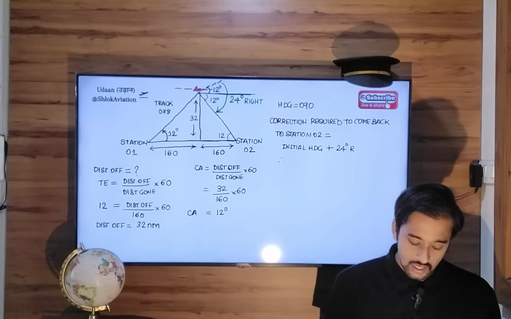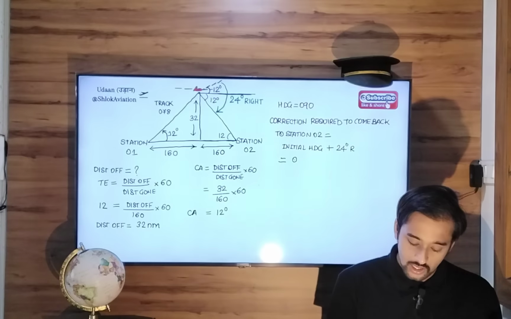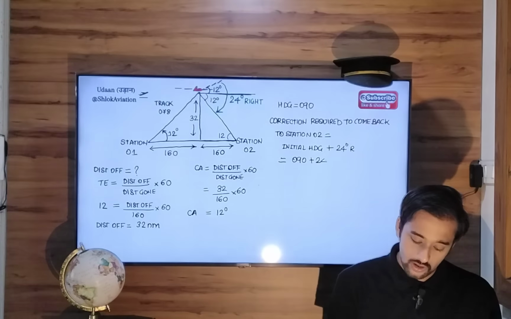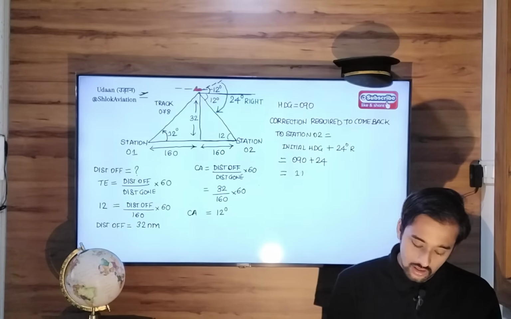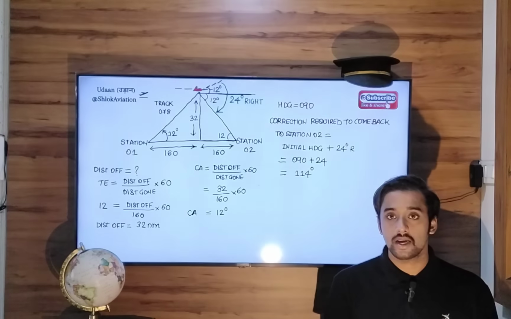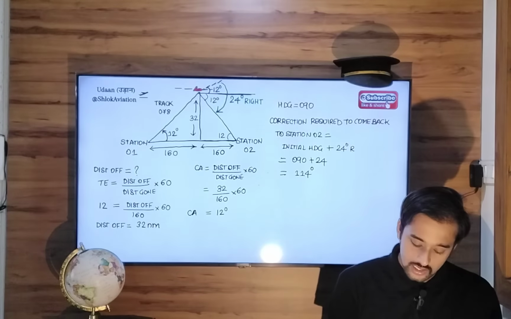So initial heading is 090 plus 24, which is equal to 114 degrees. So our new heading is 114 degrees.